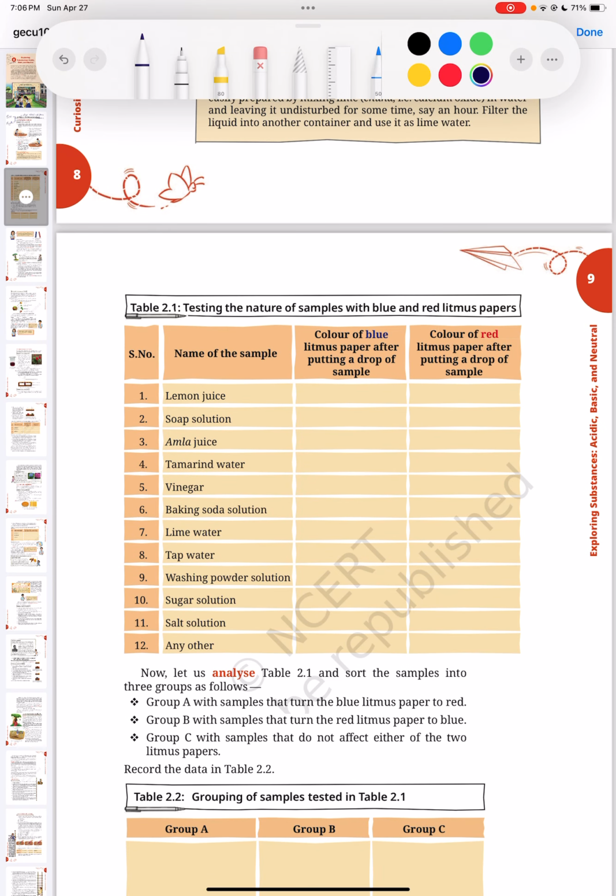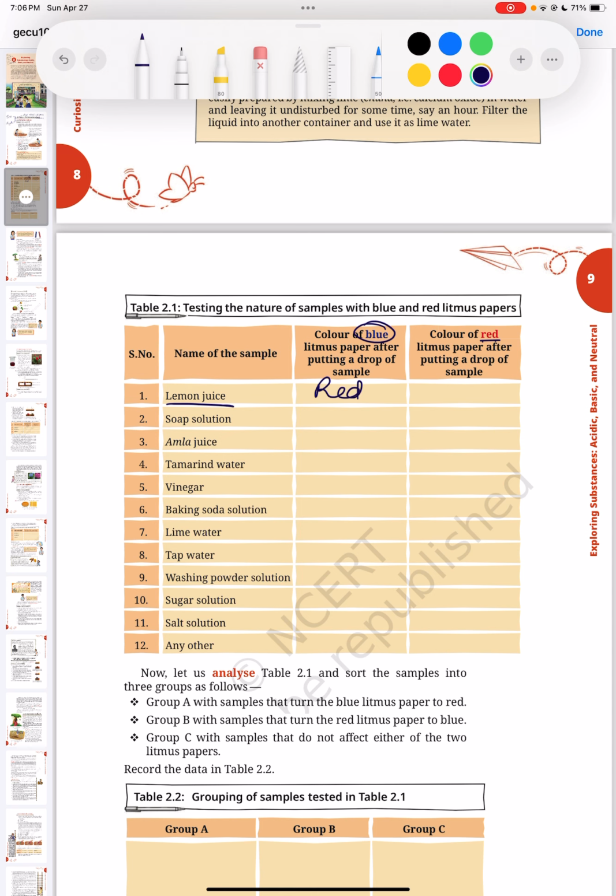So for example, lemon juice. Lemon juice is quite acidic. It contains acid, and it will turn the blue litmus paper red, while nothing will happen to the litmus paper which is already red in color.